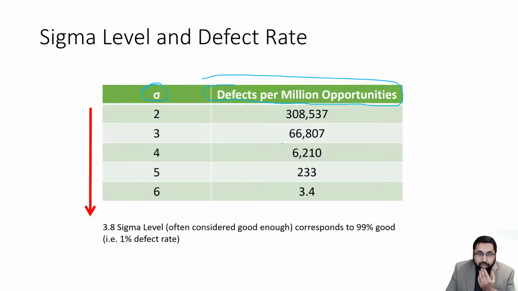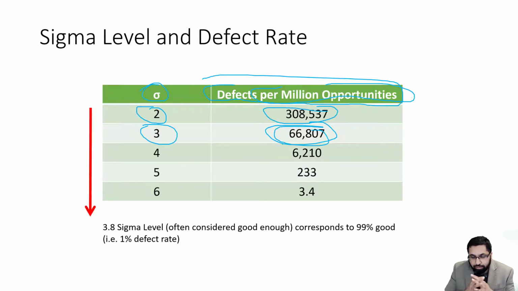With 2 Sigma, per million opportunities, you'll have about 308,000 defects. With 3 Sigma, about 66,000. If you make a million parts, about 66,000 could be out of tolerance. 4 Sigma is only about 6,000, 5 Sigma is 233 per million, and 6 Sigma is only 3.4 parts per million with a defect.